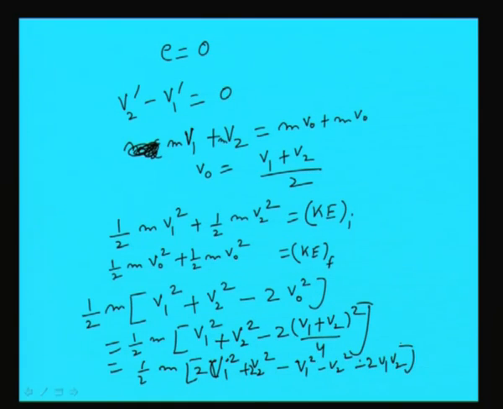So the inside quantity can be written as (V1 minus V2) whole square. So therefore this energy is always positive. That means initial kinetic energy is always more than final kinetic energy.